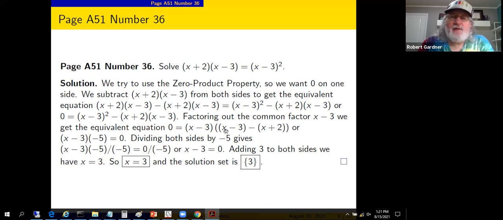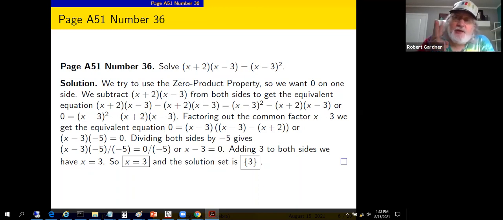We've got x minus x. So those will cancel. We've got negative 3 minus 2 would produce a negative 5. This term in parentheses simplifies down to negative 5. So this becomes x minus 3 times negative 5 equals 0. I wrote the 0 on the right as we commonly do, not necessary, but it's common procedure.